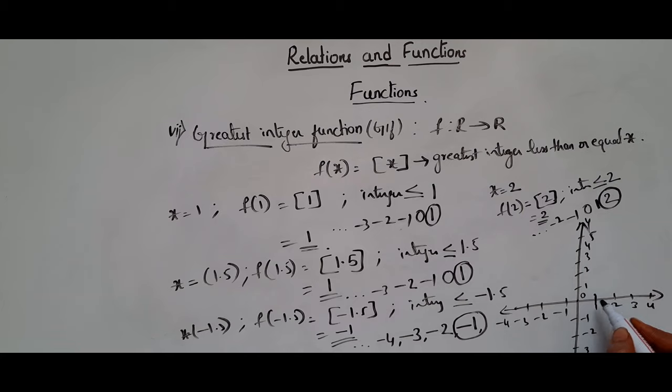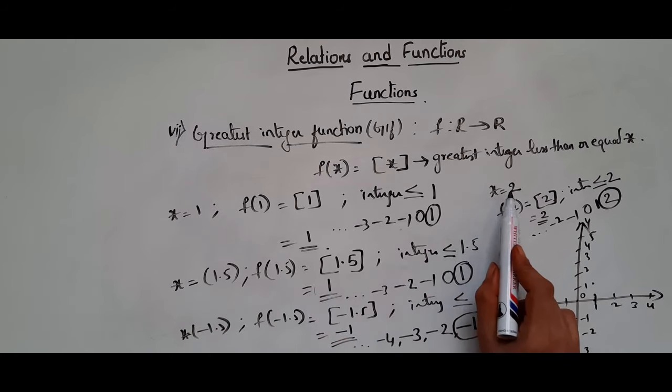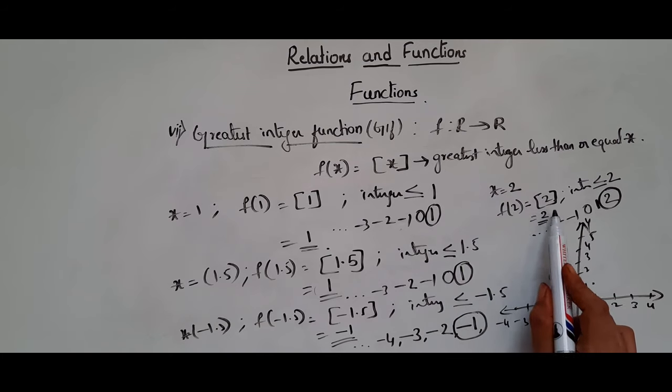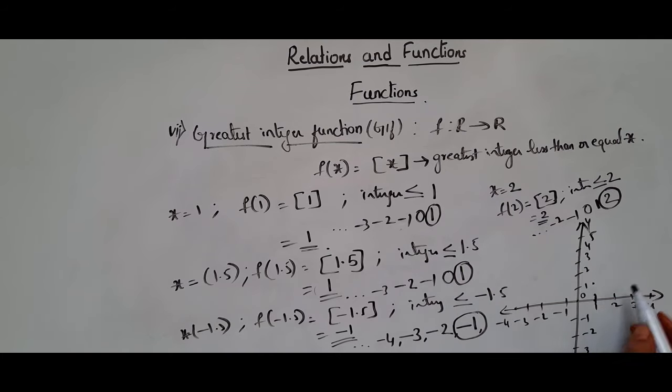This is y. For x is equal to 1.5 also, the value is 1. For x is equal to 2, the value will be 2. So for x values between 1 and 2, the y value will be 1, agreed?